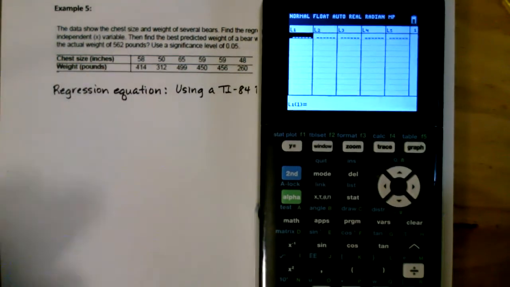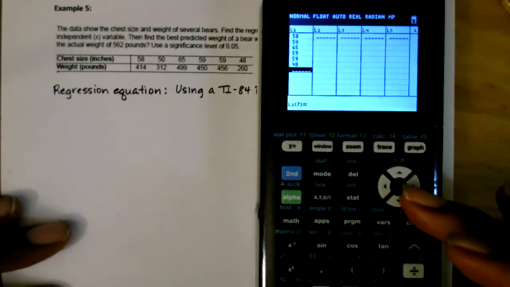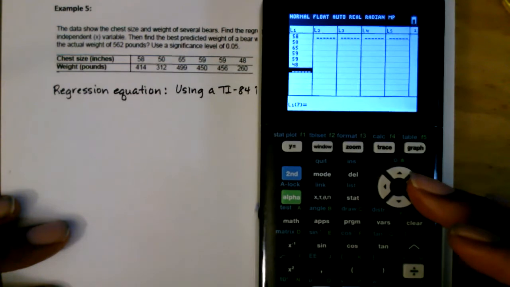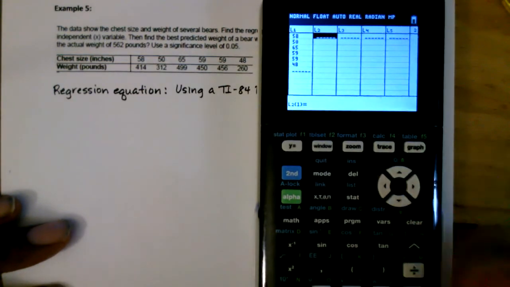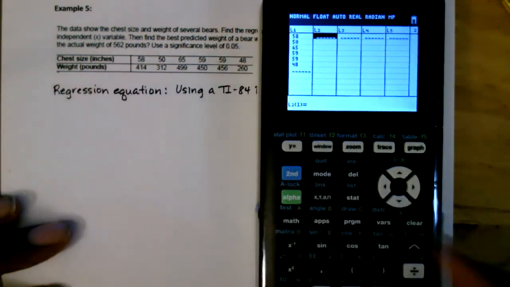All right, the chest size in inches will go into L1. So in this case here we have 58, then 50, 65, 59, another 59, and 48. And then we use our right arrow key to enter the weight in L2.